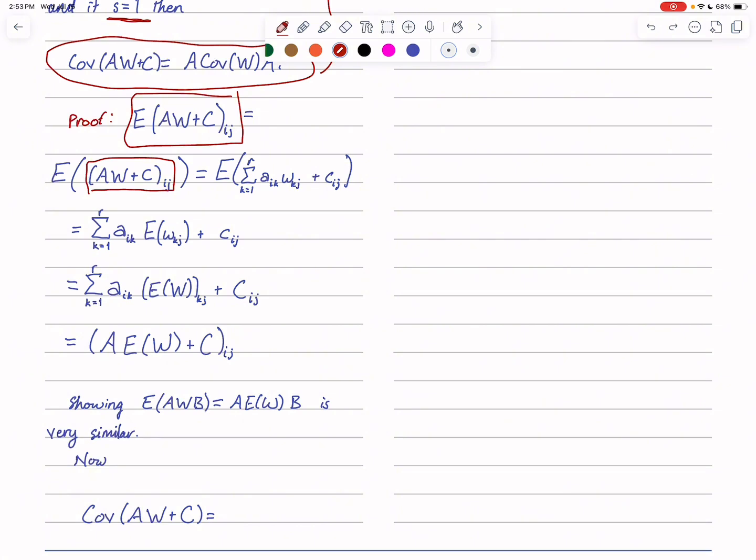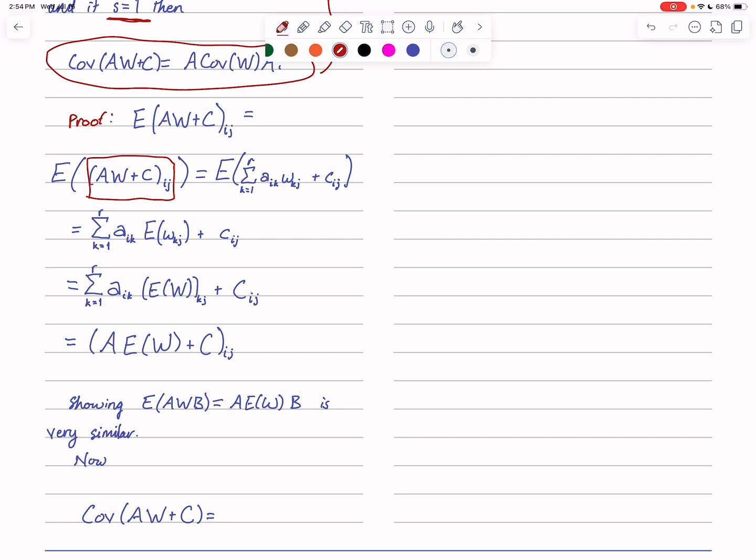So the ij coordinate of this matrix equals the expected value of the ij coordinate of the matrix. Fairly trivial move, although often when you're just starting to learn this stuff, I hope it is helpful that I somewhat over-explain it. So that's our first move.